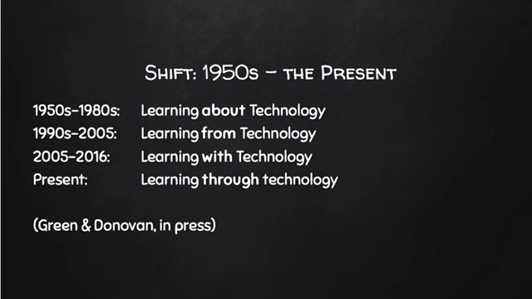But as a whole, I think the shift is not with any one of those. It's more of technology being looked at as learning through it, allowing us to shift how education takes place, where it takes place, when it takes place, and with whom it takes place. So that's where we are now with educational technology.